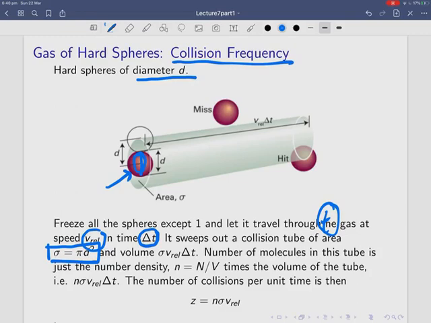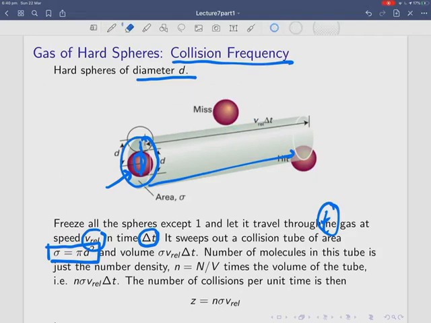So we have to effectively double its diameter and look at that area. Any sphere which has its center within that area is going to be hit, provided it's within this tube as well.